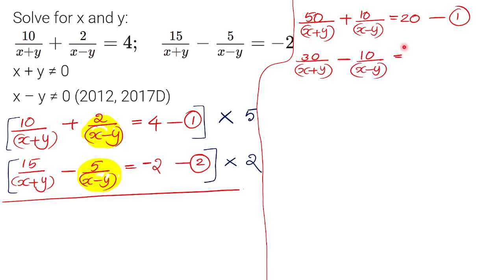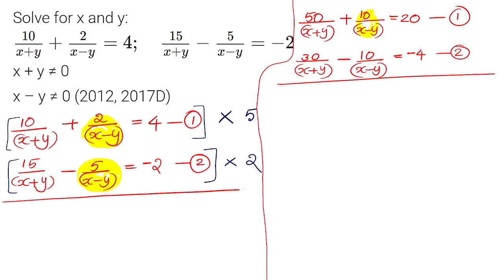Right side will be 2 into minus 2, minus 4. So the first equation is multiplied with 5 and the second equation is multiplied with 2. All of you clear? Understood? Yes, sir. Okay.